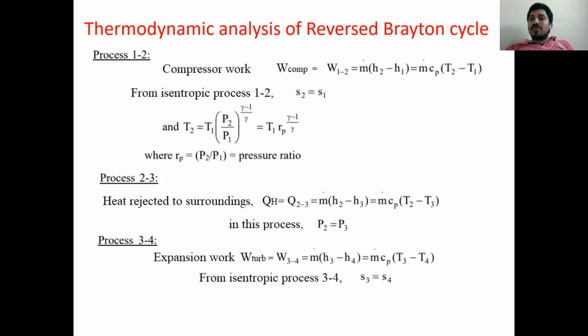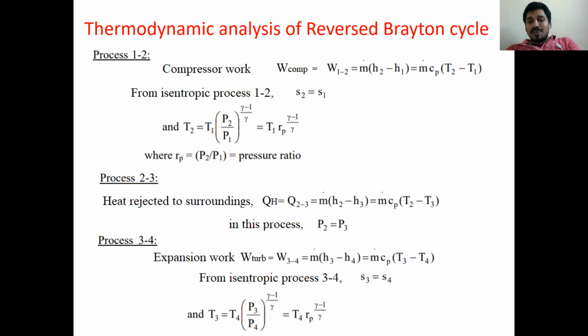We know the relation between temperature and pressure: T3 by T4 is equal to (P3 by P4) power (gamma minus 1) by gamma. P3 by P4 is nothing but the pressure ratio. So T3 finally we can write as T4 into Rp power (gamma minus 1) by gamma. We observe carefully from the PV diagram, P3 is equal to P2, P4 is equal to P1.